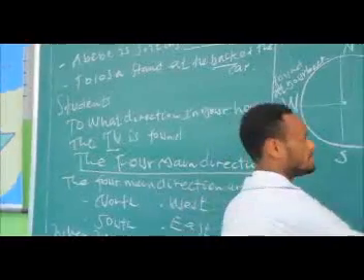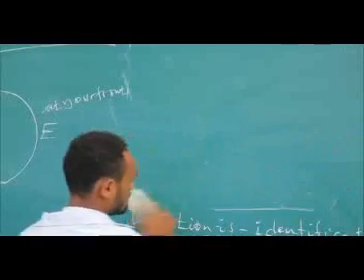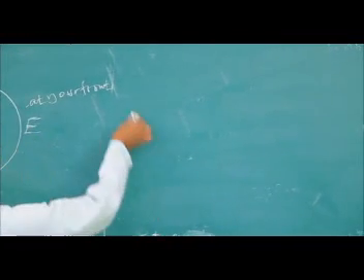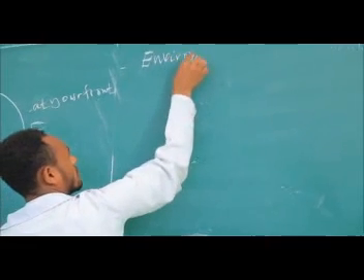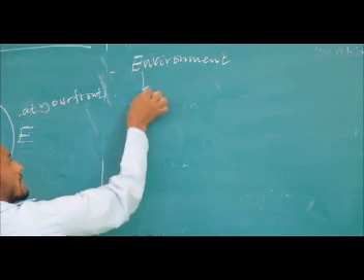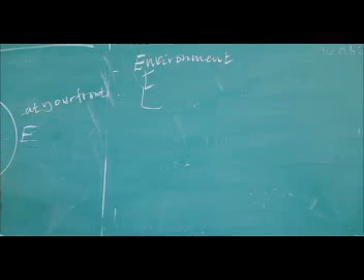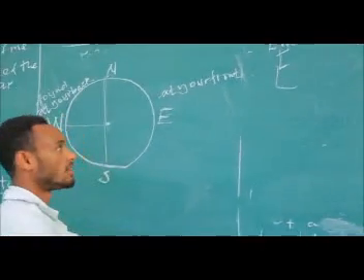Let me summarize, students. The first question is, what is environment? We said that environment is the sum total of all living and non-living objects.